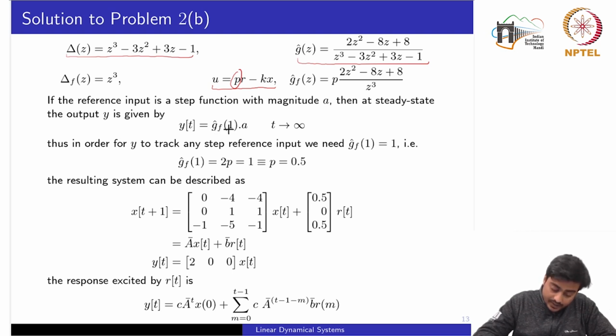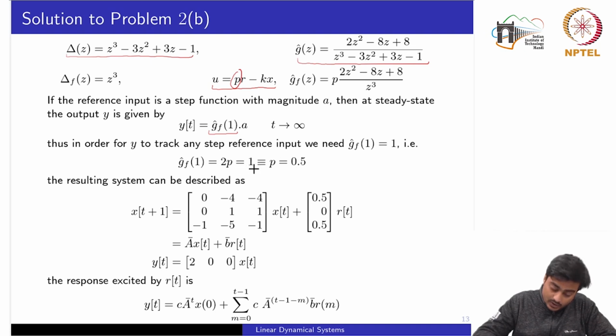G hat F at 1 times A as t tends to infinity, where t is discrete in nature. Thus, in order for Y to track any step reference input, we need this factor to be equal to 1. That is, if I compute G hat F of 1, we will get twice P from here.